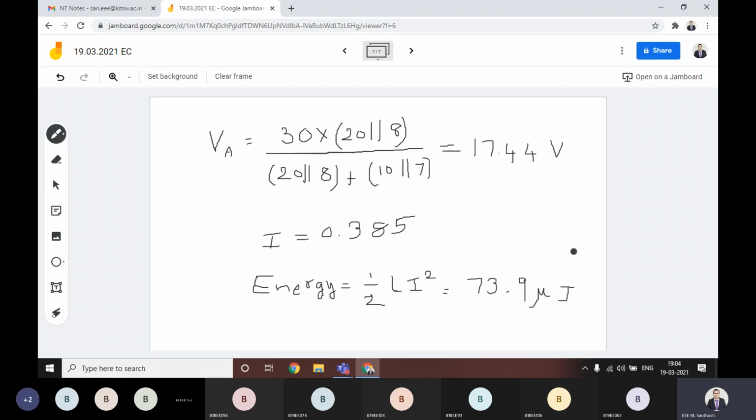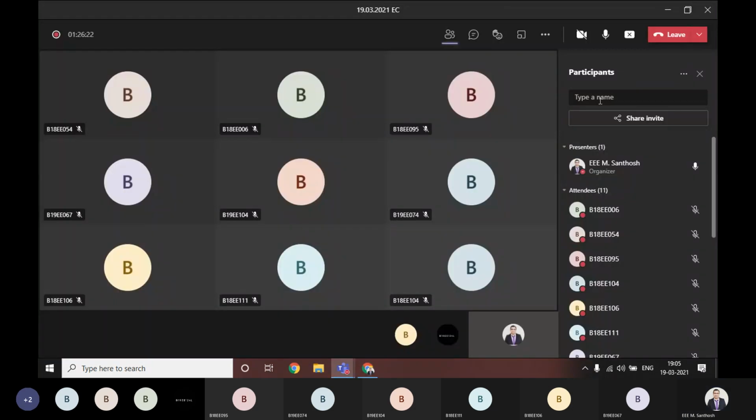I hope this problem is clear. Okay. Tomorrow we'll start discussing theorems. You try to practice more and more problems in this line. Then you will have all the theorems. Then after the theorems, we will solve problems based on those theorems.